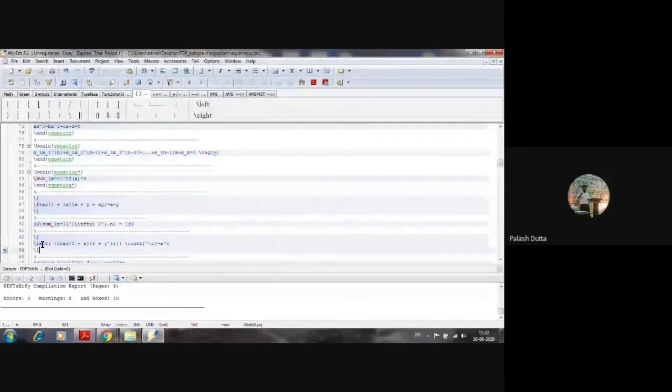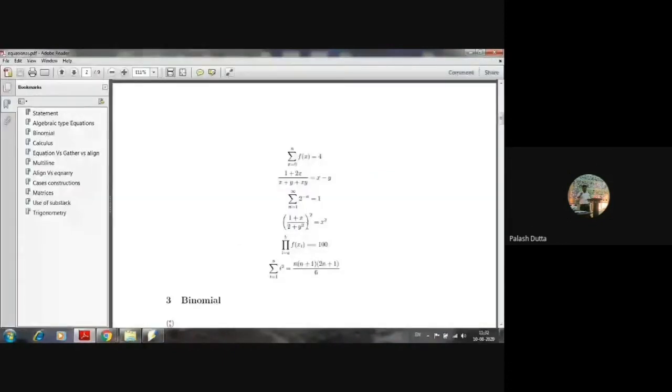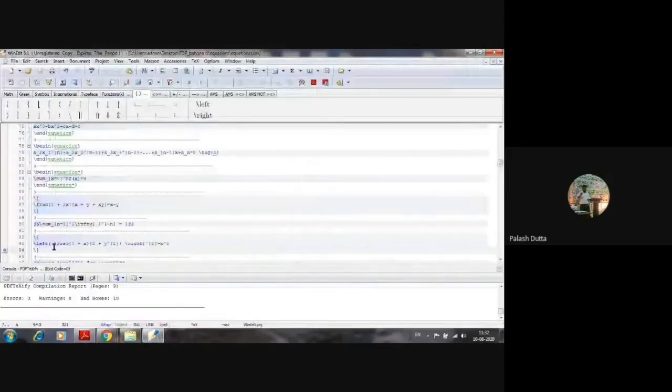We have used left parenthesis and right parenthesis to obtain bigger parenthesis, right? Otherwise, what will happen? We will get a smaller bracket which will not cover the entire expression, right? To obtain this expression, we have written slash left bracket and slash right bracket, right?